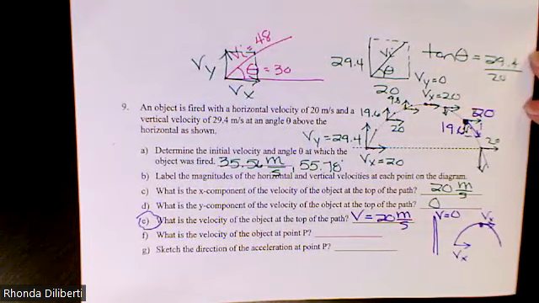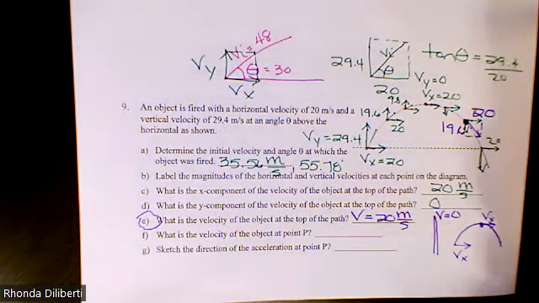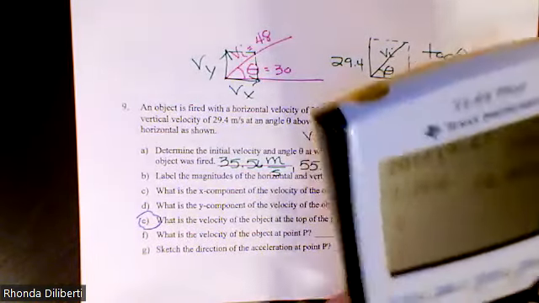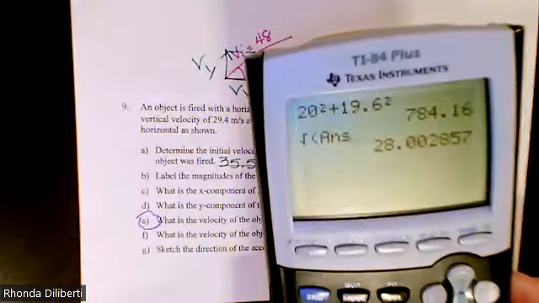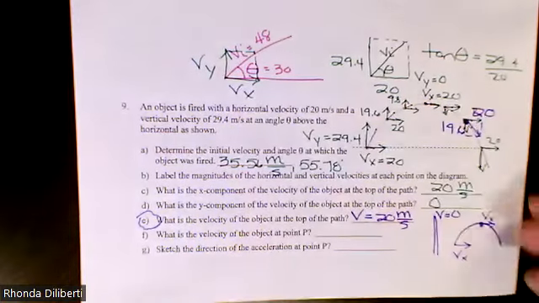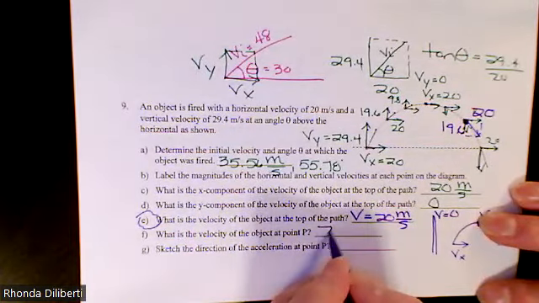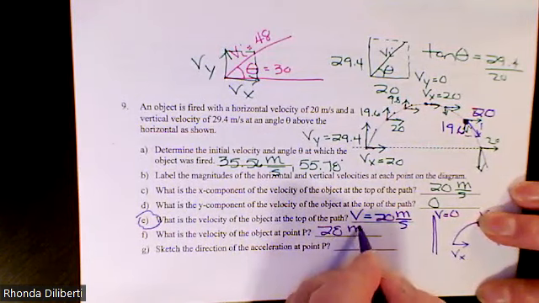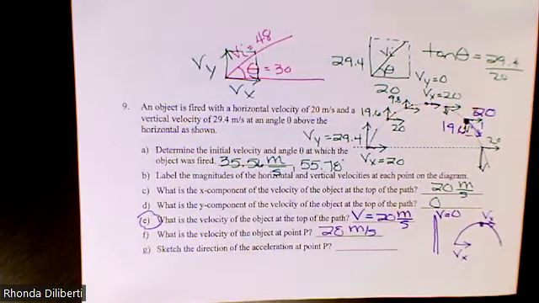A squared plus b squared equals c squared, and I can number crunch that to find the velocity. So 20 squared plus 19.6 squared, and then I'll square root that. That is going to be 28 meters per second at point P.